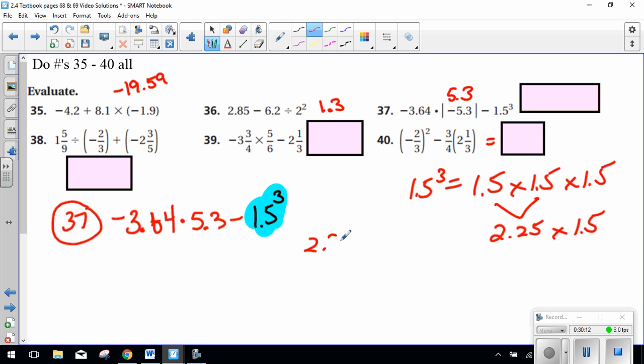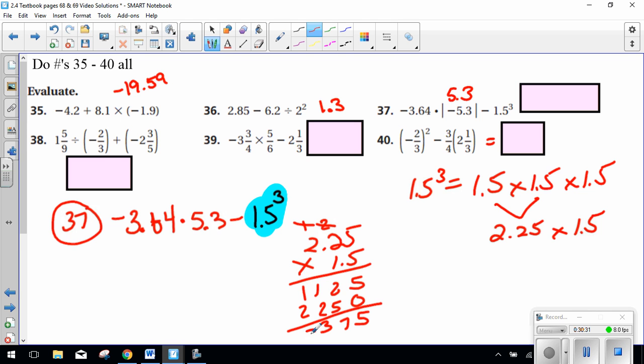So now we take 225 and times it by 1.5. 5 times 5 is 25, 12, 10 and 1's 11. We're done with this place value. So 5, 2, and 2, 5, 7, 3, 3. And we have 3 place values, 1, 2, 3.